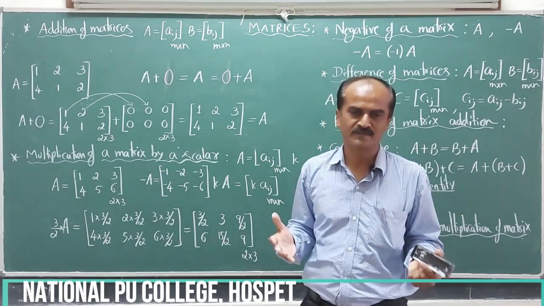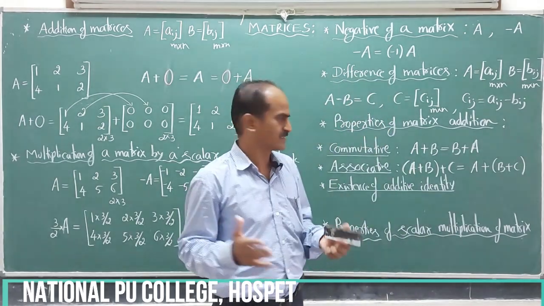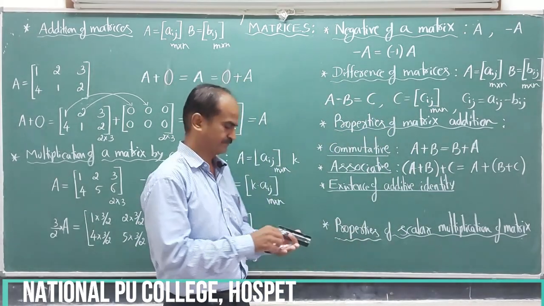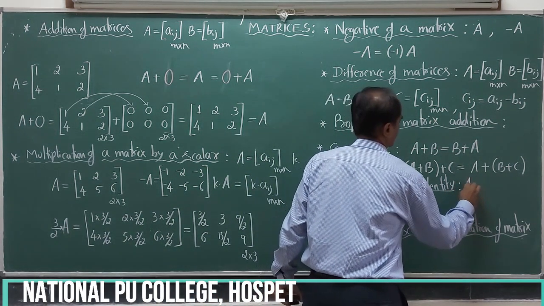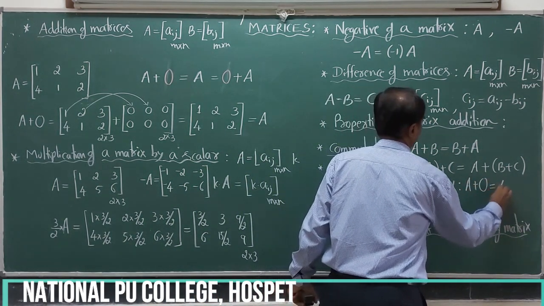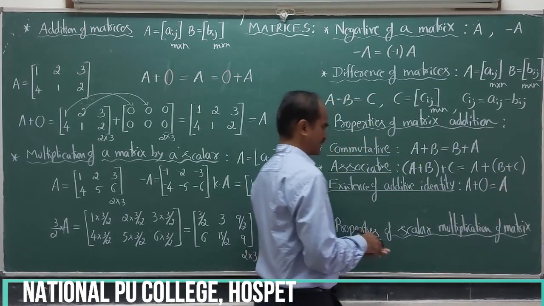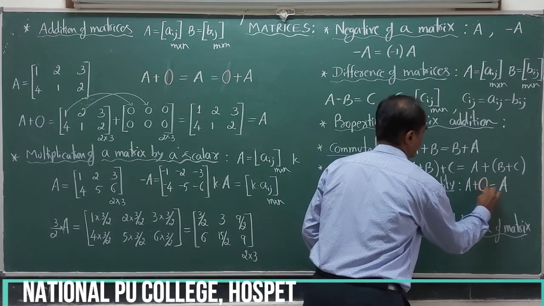So here with respect to addition, there exists an additive identity. Null matrix is taken as additive identity.